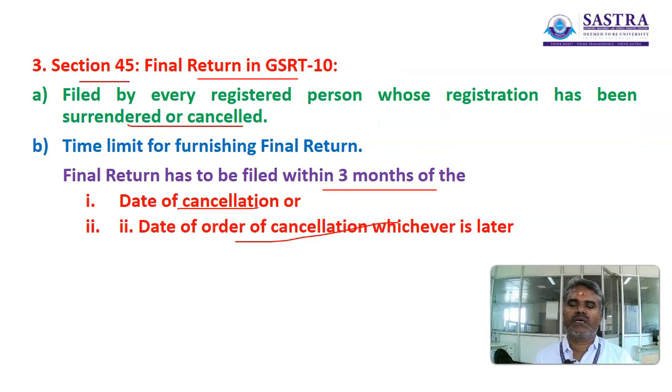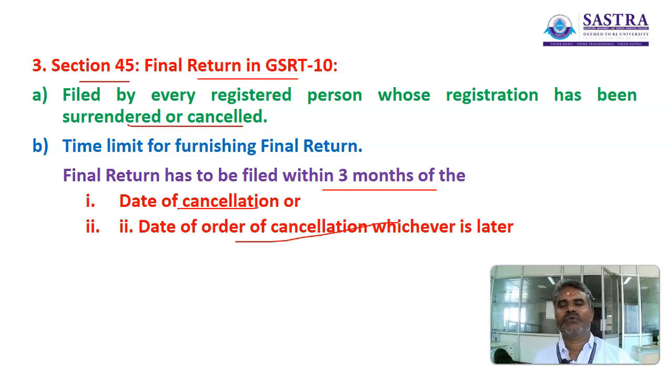This is for those who have cancelled their registration. This is very important. So once you cancel a business registration, you have to file one final return. This return should contain all the information up to the date of cancellation. This is GSTR 10, my dear students.